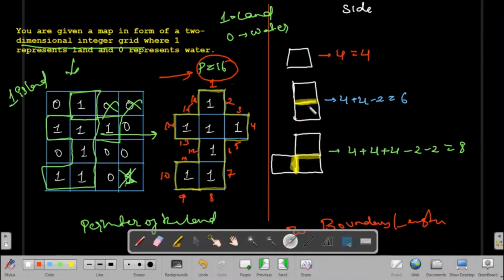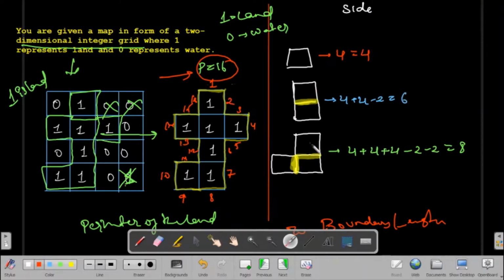But the two lands share a common side, and this will not be considered as perimeter because it is inside the boundary. So when we have two connected lands, we will just minus 2. Then for two connected lands we will have a perimeter of 6.